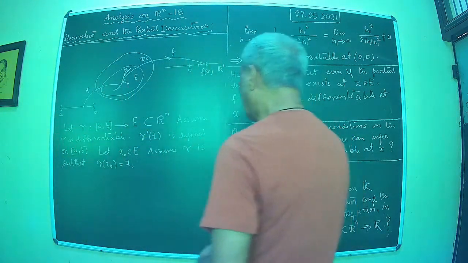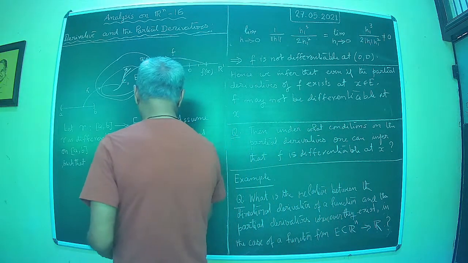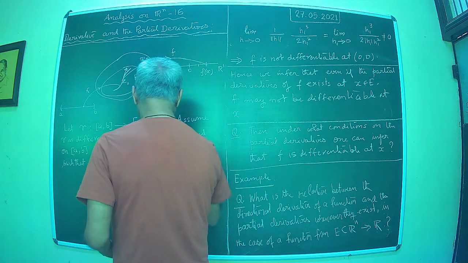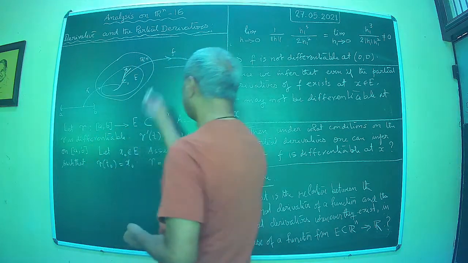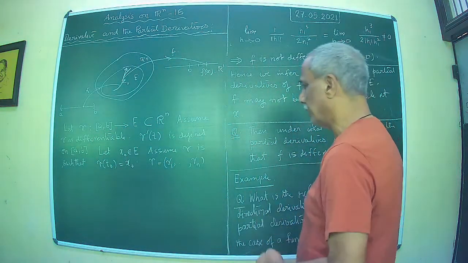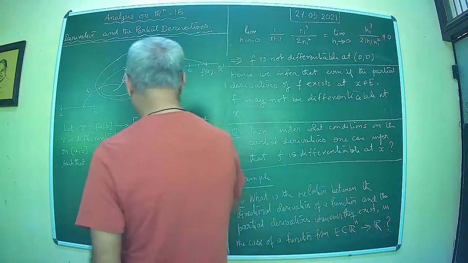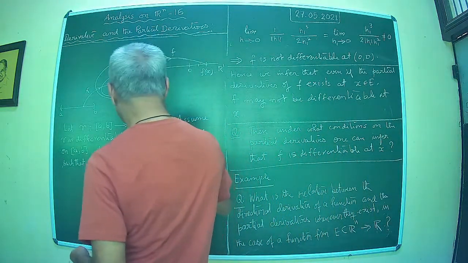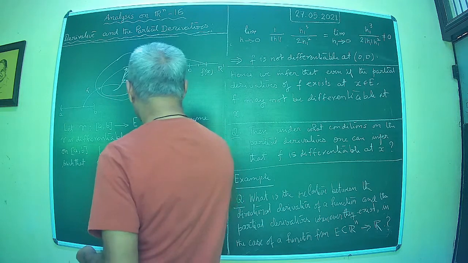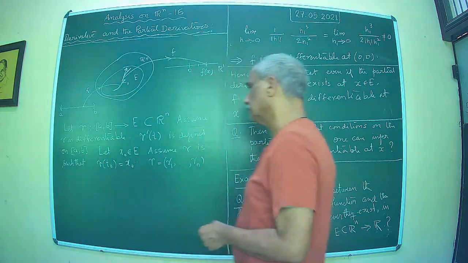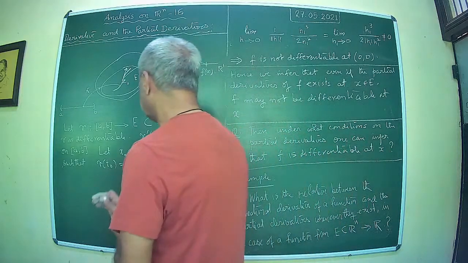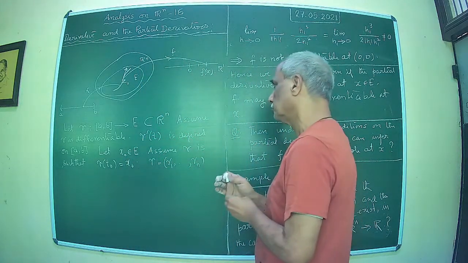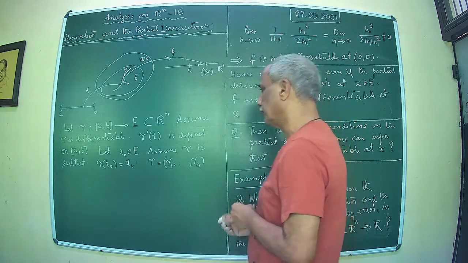Now you see that gamma has components gamma 1 to gamma n, because this is a path in Rn. So it's a vector valued function. So you have n real valued functions which form the components of gamma. And gamma t naught is equal to x naught. This is what we assume. And gamma derivative of t is defined.